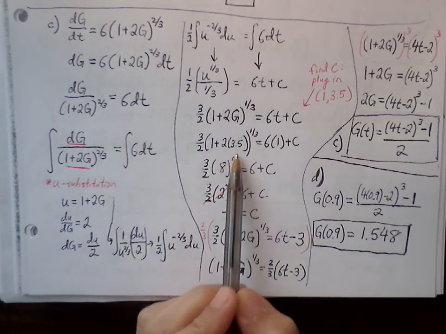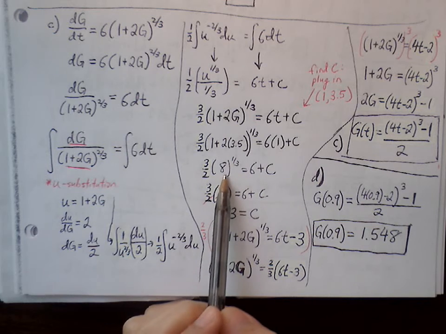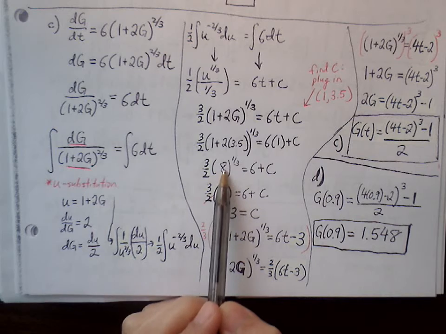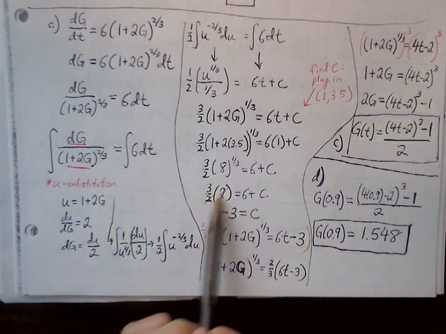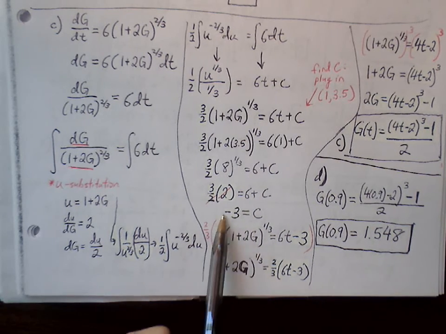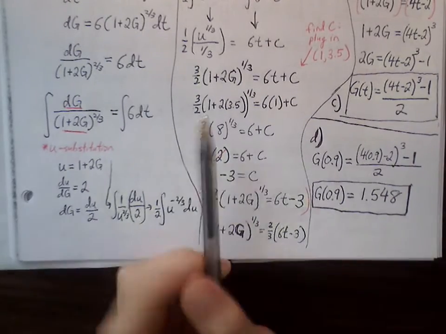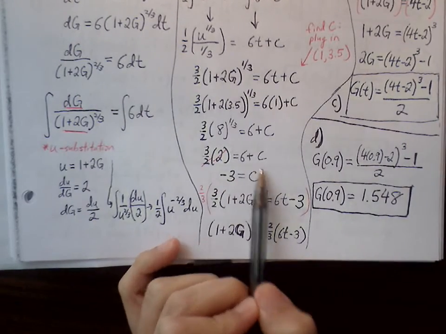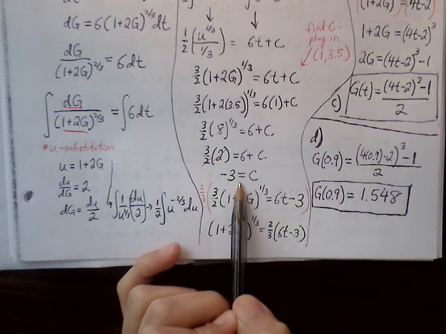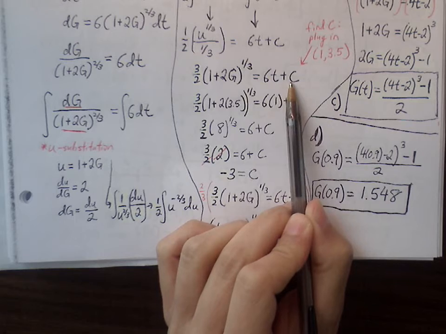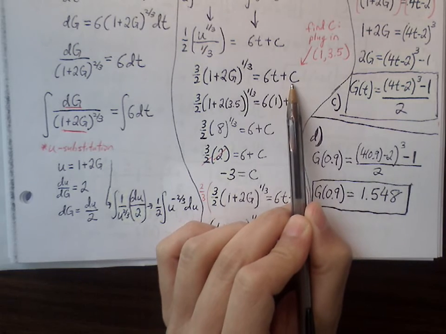So 2 times 3.5 is 7, 7 plus 1 is 8, and the cube root of 8 is 2. Cancel that out. And we get 3 equals 6 plus c. We solve for c. C equals negative 3. We go ahead and replace the c value back in our equation.